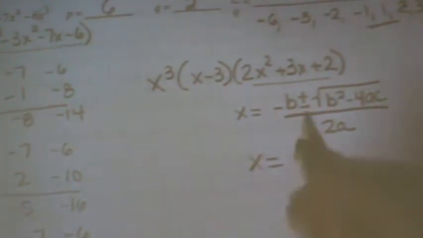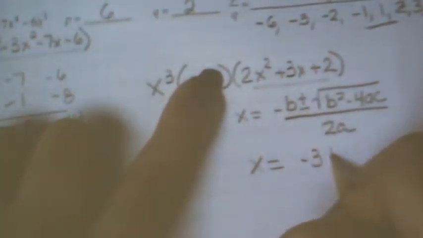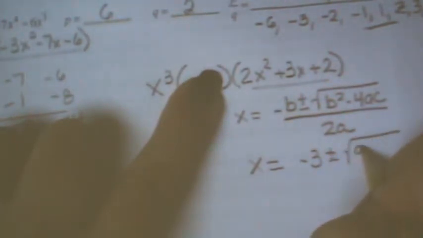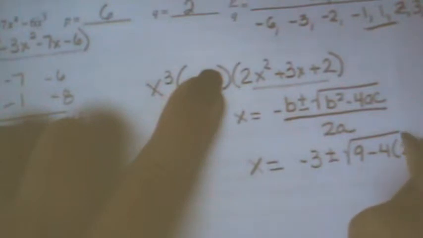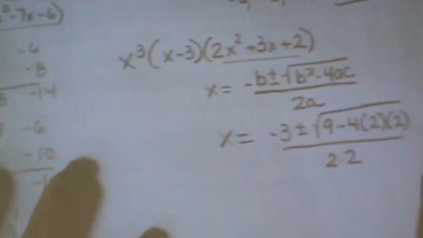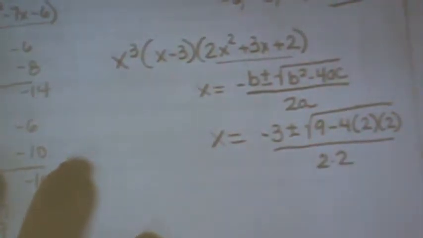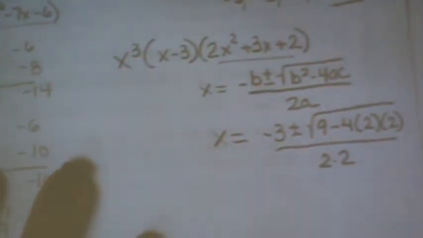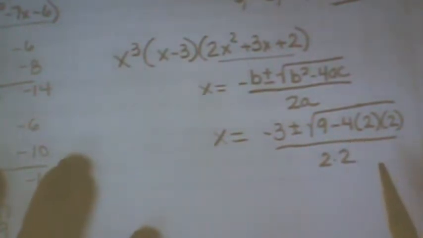You can go with that all the time. So let's try -3 plus or minus the square root of 9 minus 4 times 2 times 2. But something is screaming out here at me. Does anyone know what's screaming out? I'm not going to even finish the problem. Does anyone see what I see?